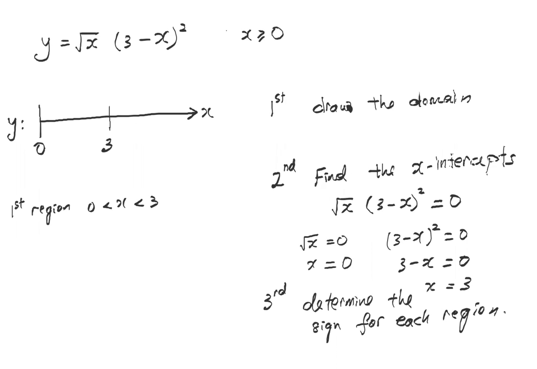You can take any value from this region, put it inside the y function, then test. So I take x equal to 1. Square root of 1 times 3 minus 1 squared. Do I get positive or negative? So I put a positive sign here.